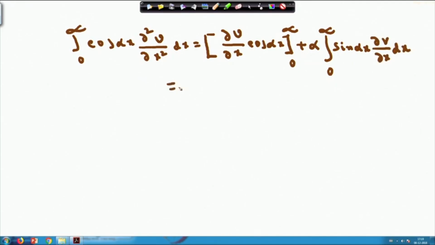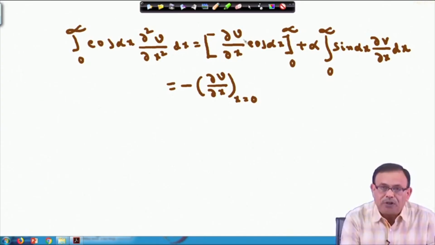In the first part, you see cos 0 is 1. So, this value will be, in the minus part, del v del x at x equals 0. Here again you are assuming one thing: whenever x approaches infinity, del v del x will approach 0.